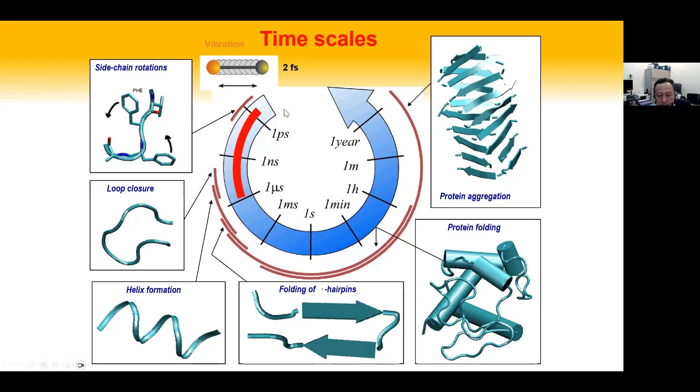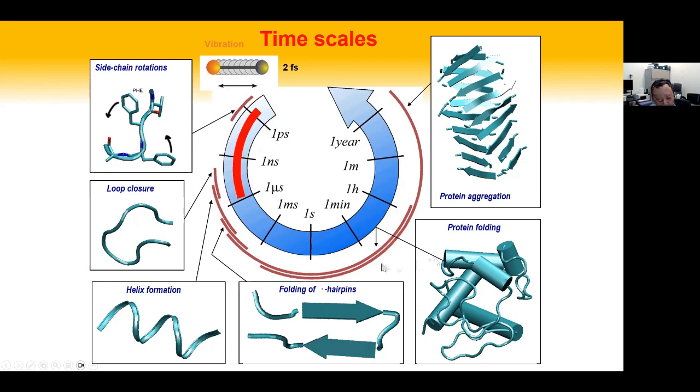Okay, and then the real folding process has different time scales. For the rotation of the side chain, it's probably picoseconds. For some loop closure, it needs nanoseconds. For helix formation, it's about 100 nanoseconds. For hairpin folding, you probably need a microsecond.